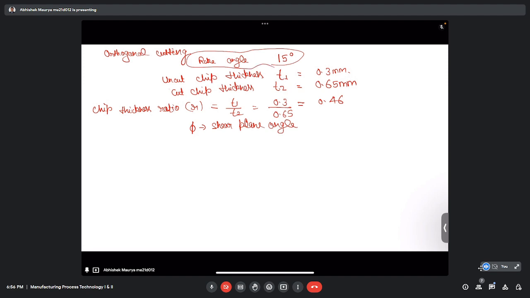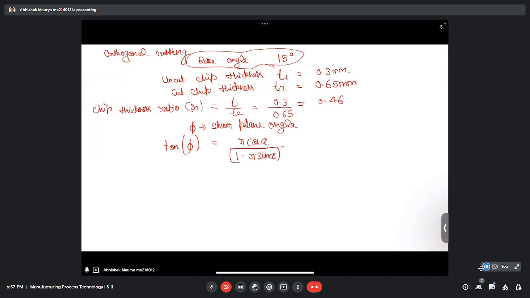That is explained in the video lectures of the course. You can go and watch it. That relation is given by tan phi equals R cos alpha divided by 1 minus R sin alpha. This is the geometrical relationship.